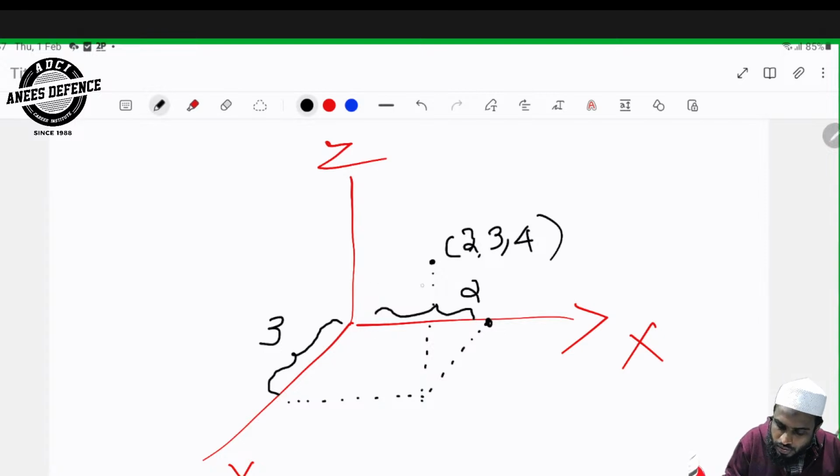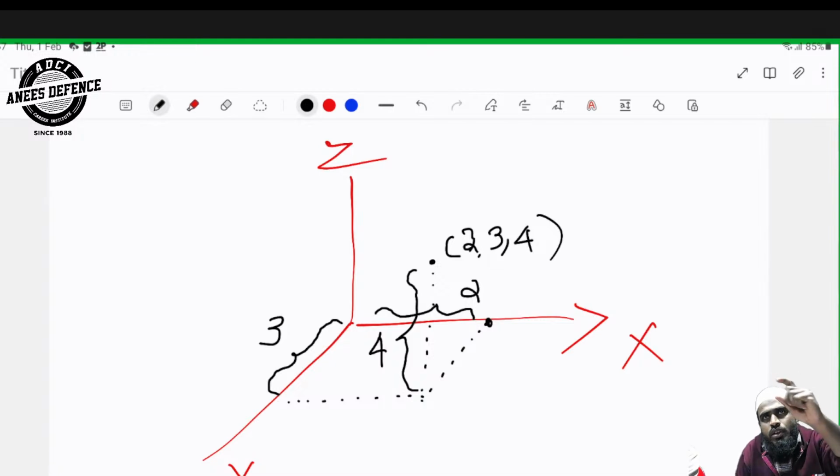Similarly, this will be 4. My point is 4 units from the origin along Z. So this is the meaning of 2, 3, 4.